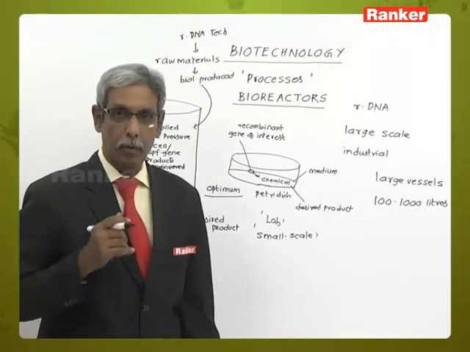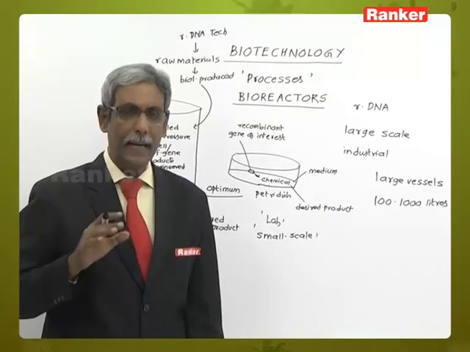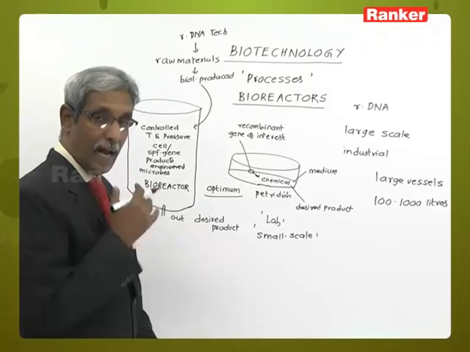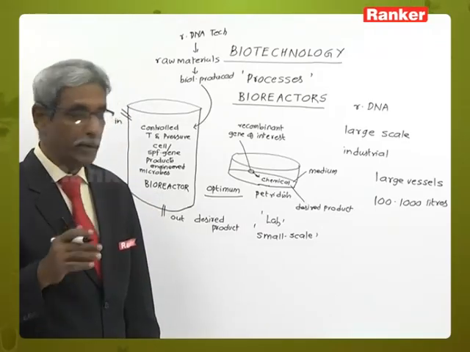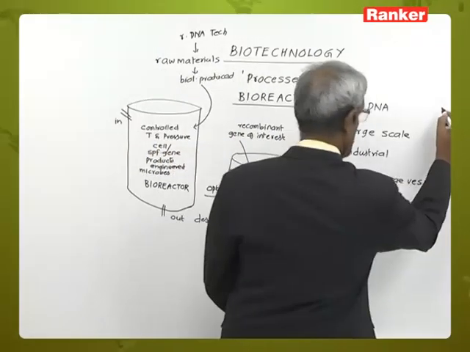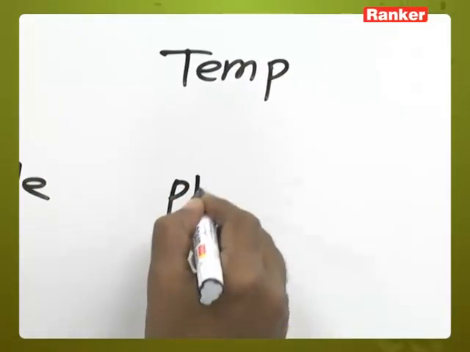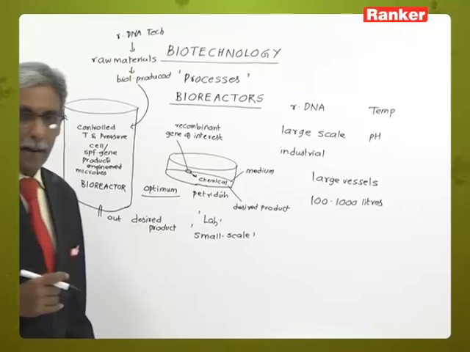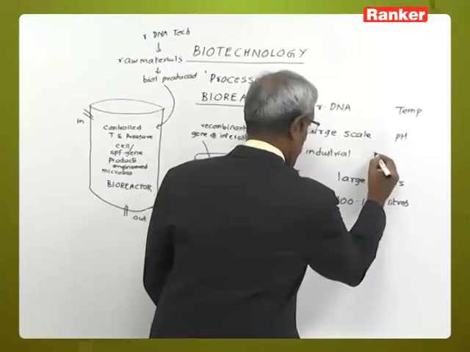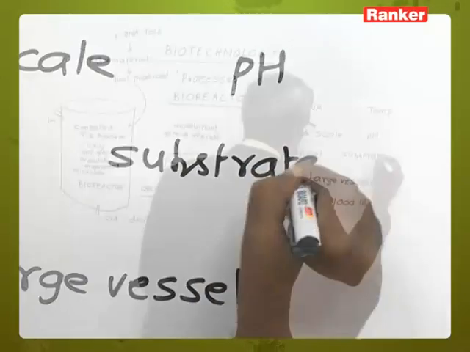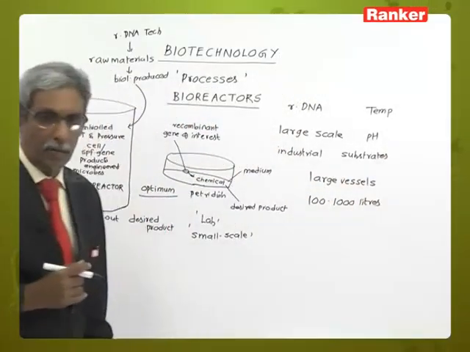The efficient quantity is termed as optimum, and it provides optimum growth conditions. What does the bioreactor have? It can provide optimum growth conditions such as temperature, pH, and also the different substrates which are necessary for the growth of the particular organism.